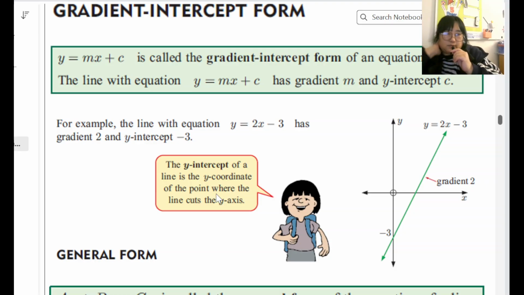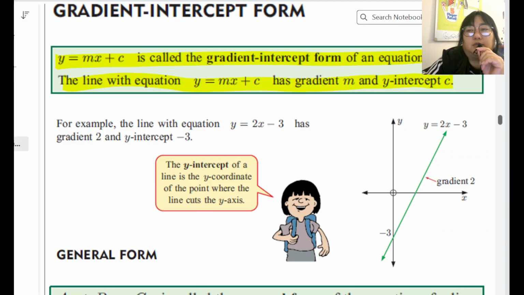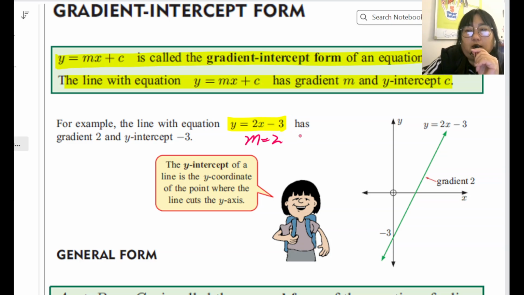Okay, now we have a look. So y equals mx plus c is called the gradient intercept form of the equation of a straight line. The line with this equation has gradient m and y-intercept c. So y equals 2x take 3 means your gradient equals 2 and your c equals negative 3.